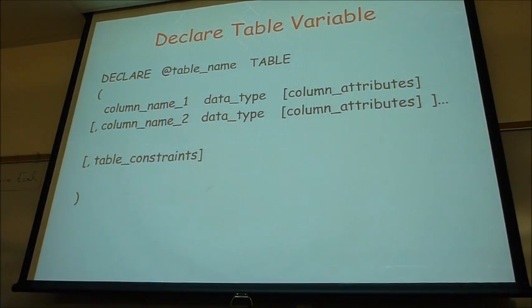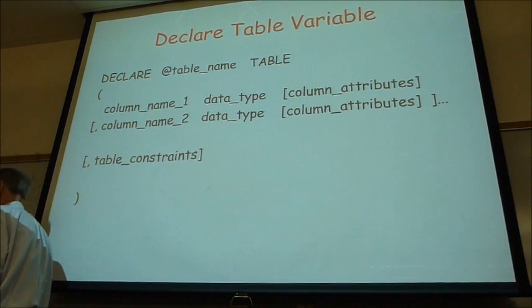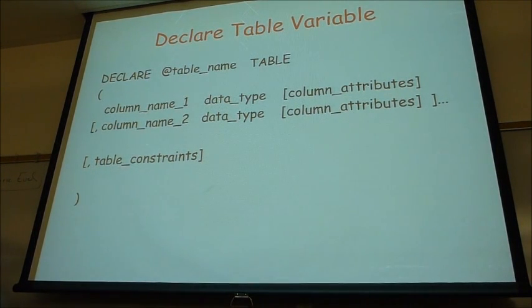It's just like creating a table. You can almost use the same features. You can use column attributes. You can use table constraints in there. Usually we don't do that because it's going to have a pretty short life and it doesn't last forever.